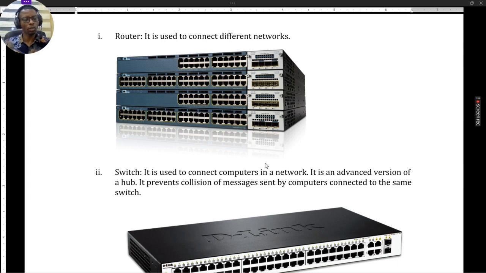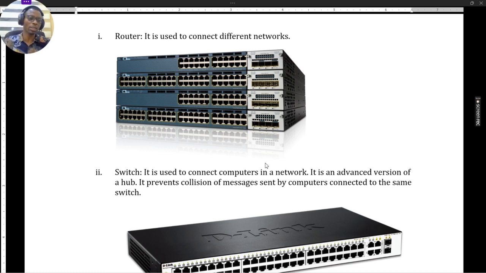What a hub does is just that, it receives the file, because it works on one network. Let's say there are three computers on network A: we have A1, A2, and A3, and A1 wants to send something to A3. It sends it to the hub because that's the only means of communication, and the hub receives the information and just broadcasts it to A2 and A3.